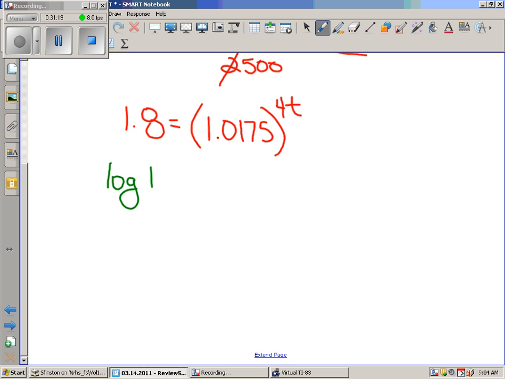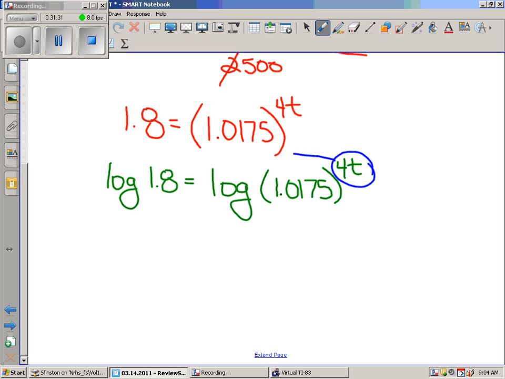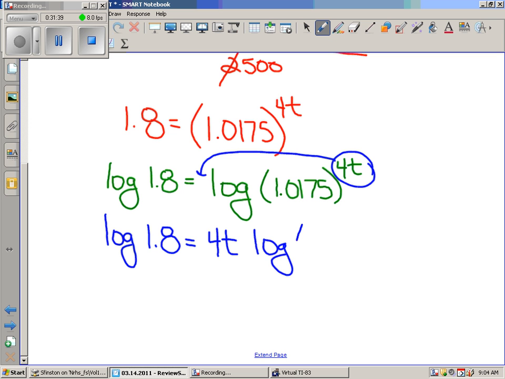The log of 1.8 is going to equal the log of 1.0175 raised to the 4t. What happens to the 4t? Comes down in front. The log of 1.8 equals 4t log 1.0175.